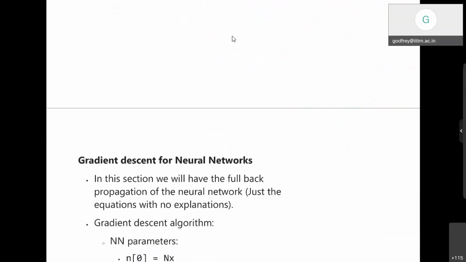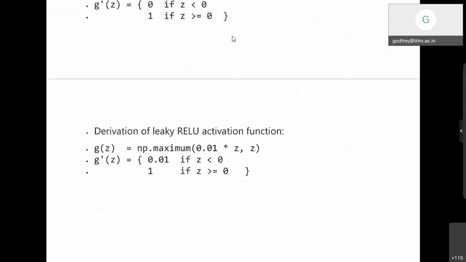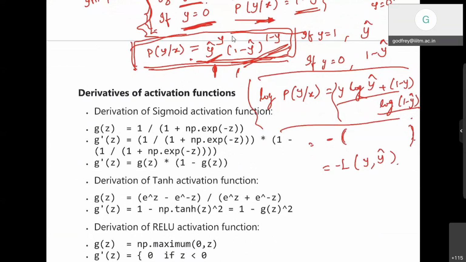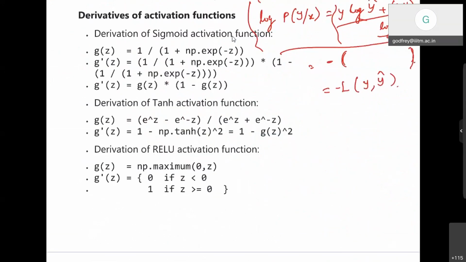Now we arrive at where we left. So we left it at this particular place. So we saw neural networks with different activation functions, and their derivatives.